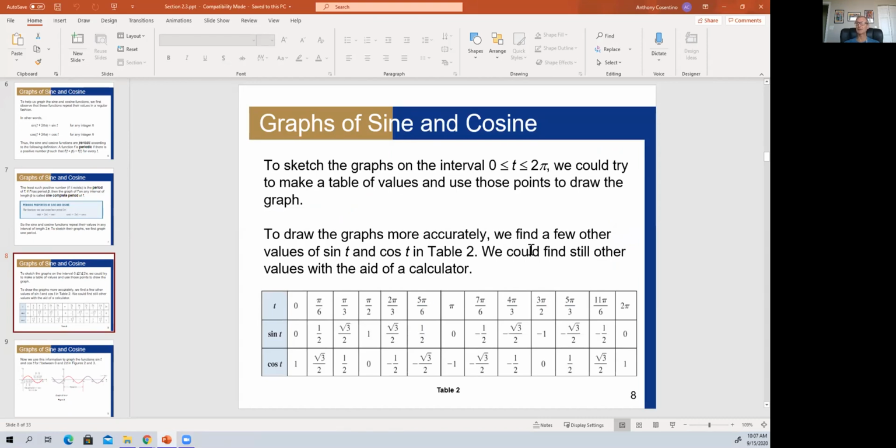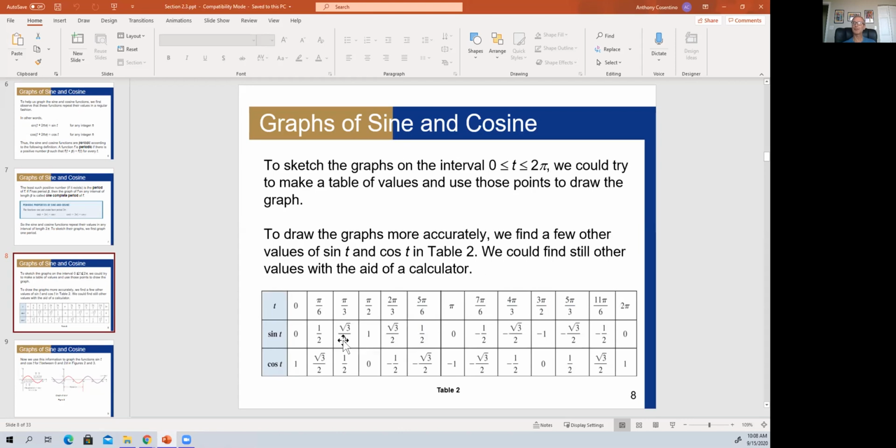The sine of t is the y value going around the unit circle, and cosine of t would be the x values all going around the unit circle. And you could see that pi over 6 would be 1/2 for sine, and so on and so forth. But the cosine starts at 1, right? So it's at angle equals 0.